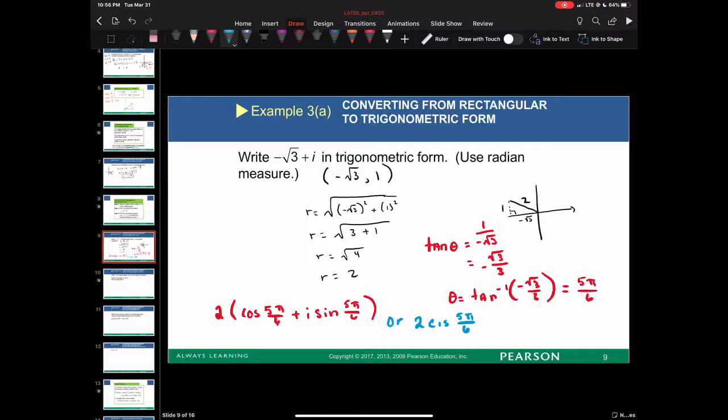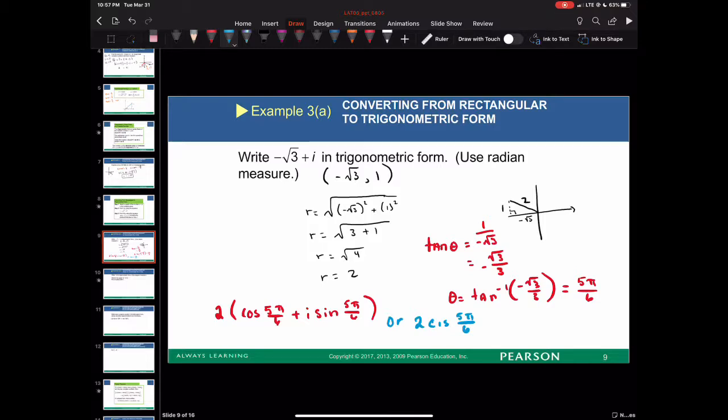So just make sure you remember your basic knowledge that we went over during the class, about the 30, 60, 90 triangle, about the reference angles, about the different sides, how to find the inverse of a side if you need to find it. So make sure, if you're trying to find the angle, you have to take the tangent inverse.